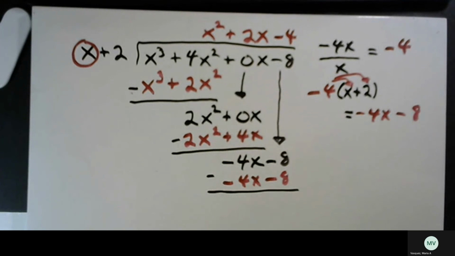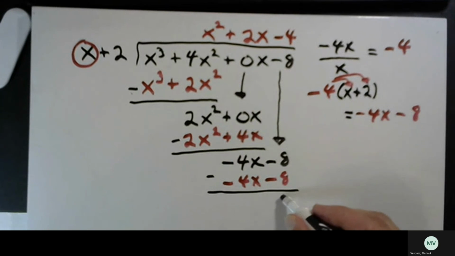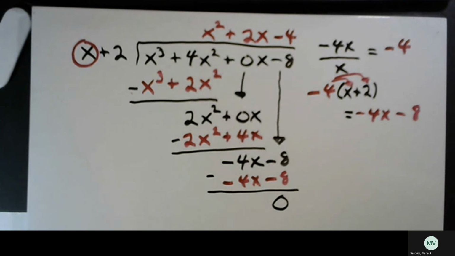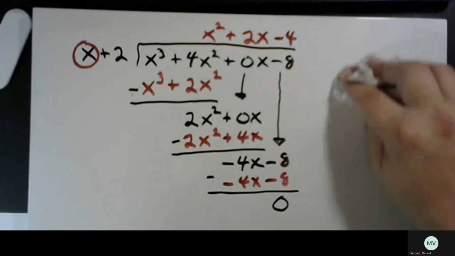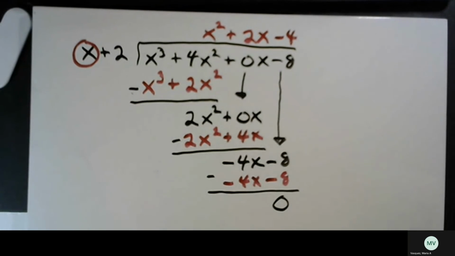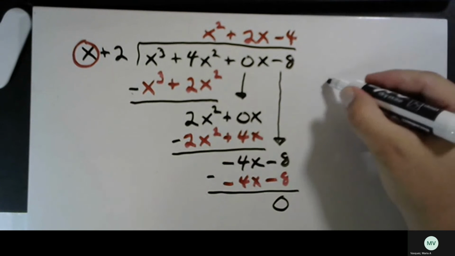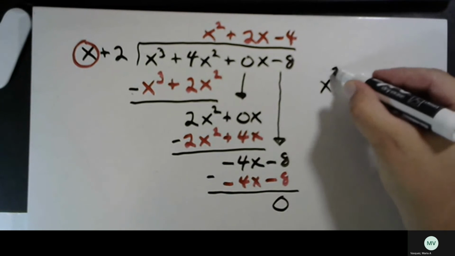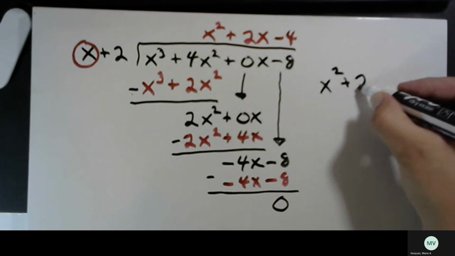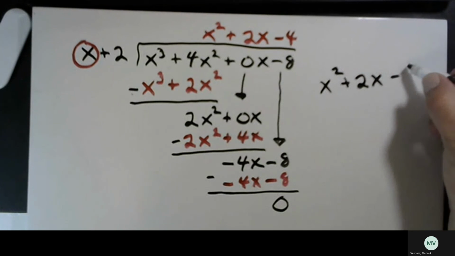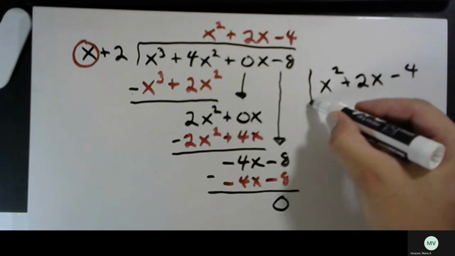That's going to be 0. You have minus 8 subtract minus 8. And again, minus 8 subtracting itself, that's 0. So we're done. That's it. So that means the answer is x squared plus 2x minus 4.